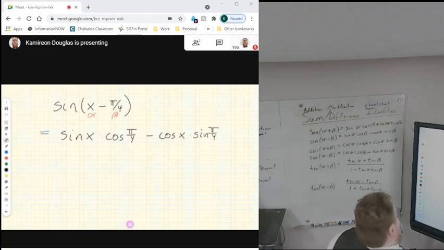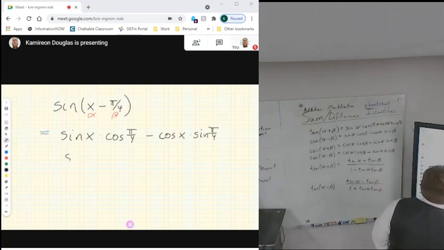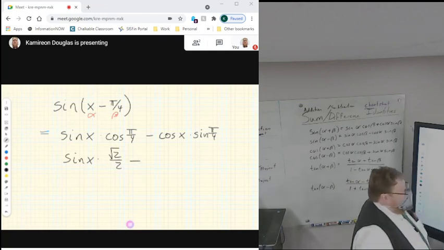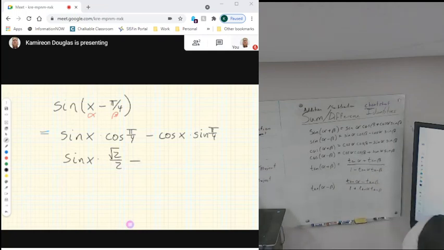The first piece, sine of x, is just sine of x. Cosine of pi over 4 from the unit circle, square root 2 over 2. Minus cosine of x is just cosine of x. Times sine of pi over 4. Sine of pi over 4 is square root 2 over 2, again, from the unit circle.